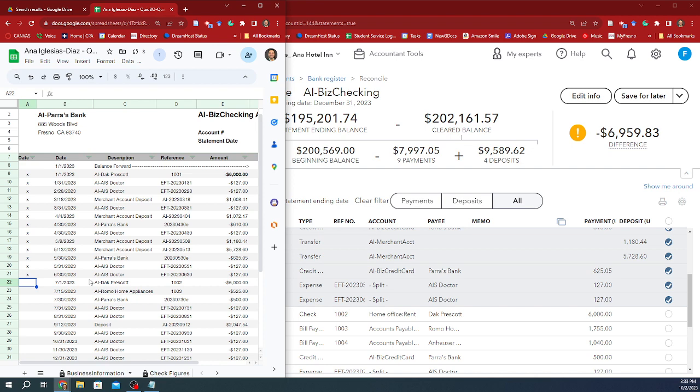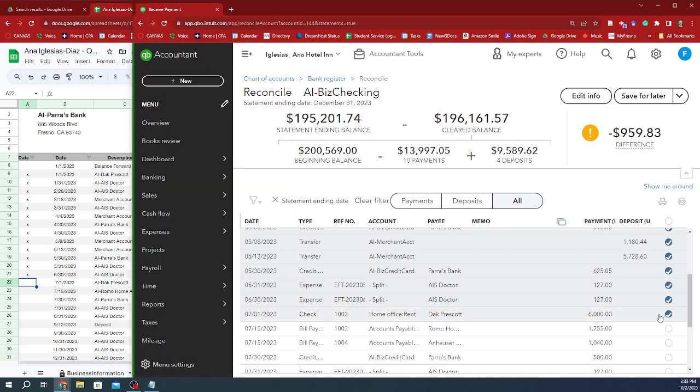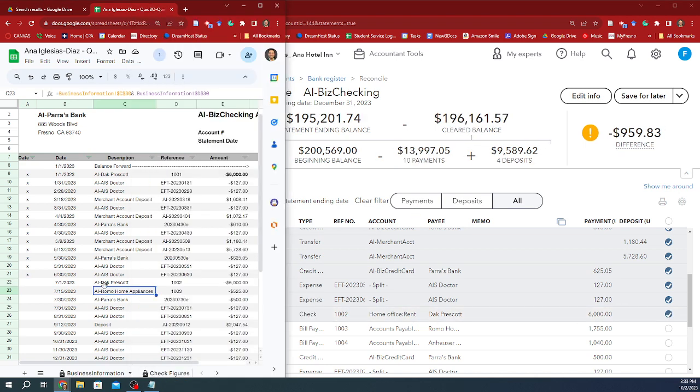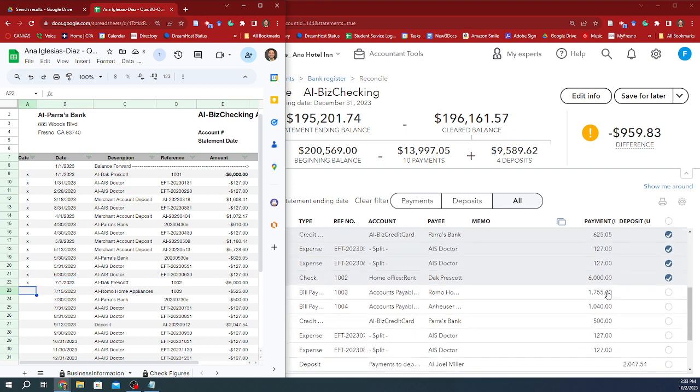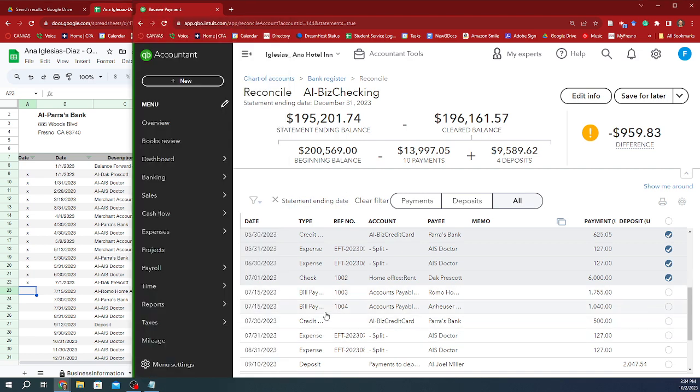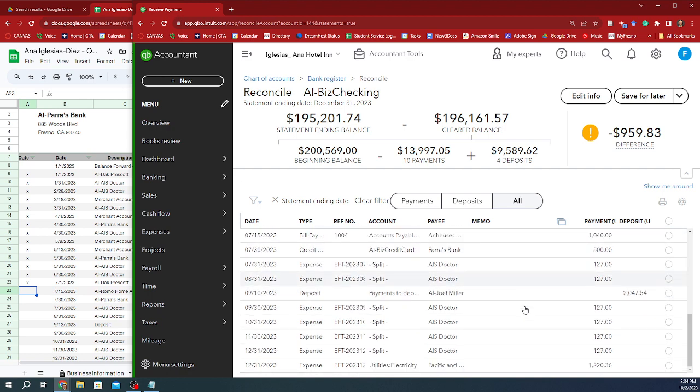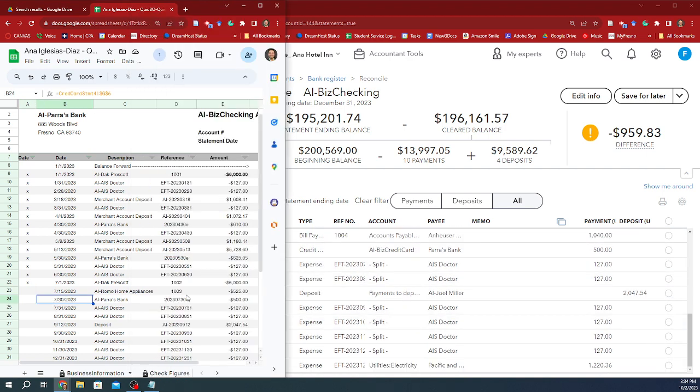Then we have a check for $6,000 on July 1st. Yeah, check 1,002. Then we have another check for $525, which I'm not seeing. And this is for Romo appliances on 7/15. I don't see it. So I don't see my Romo appliances. I'm going to highlight this.